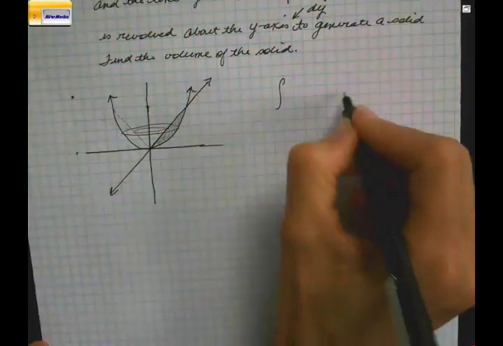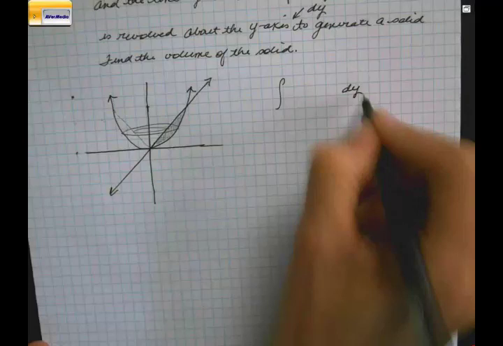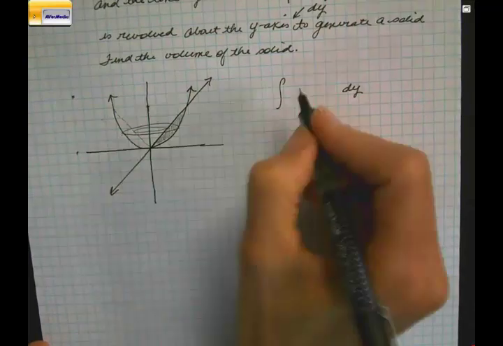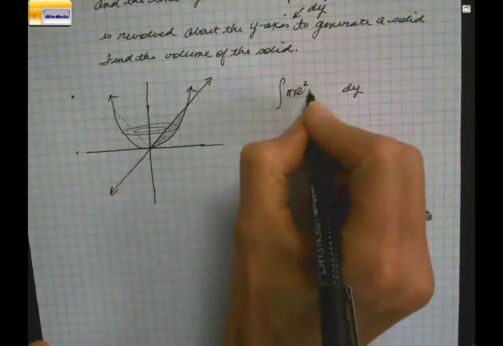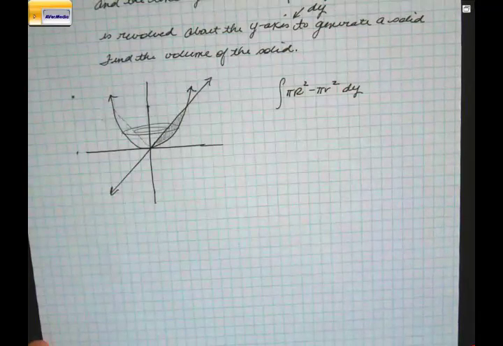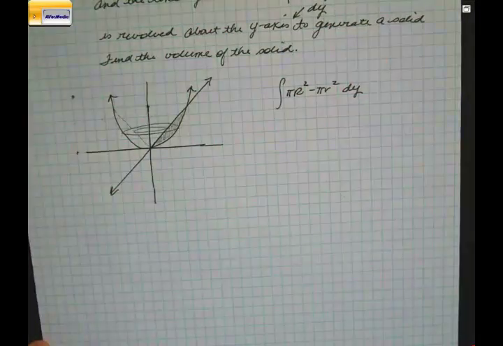Okay, so this integration is happening with respect to dy. This could be an outside disk minus an inside hole. So you can think of it as pi capital R squared minus pi little r squared, where all those r's are going to have to be converted into the y variable.